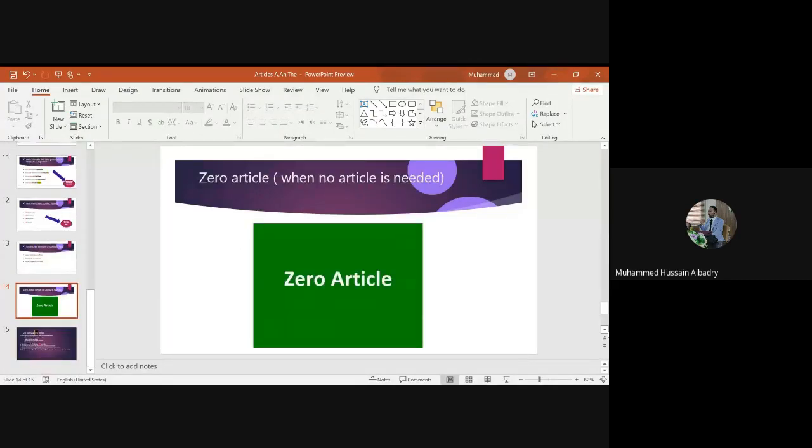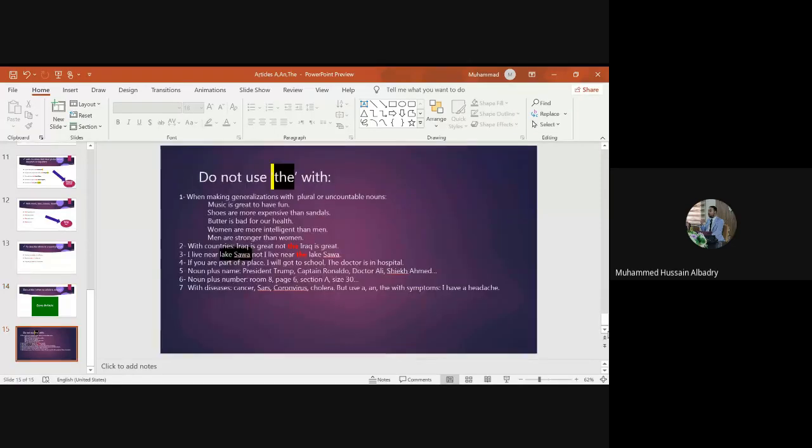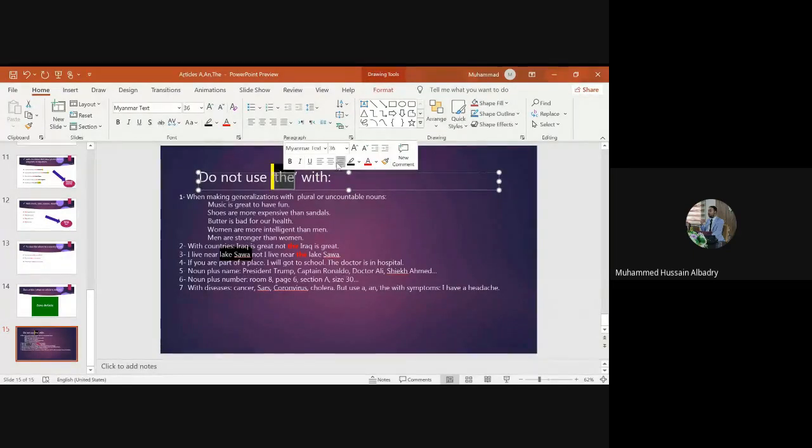Now, zero article: no article, no the, no a, no an. Then seven cases, summary. Don't use the.